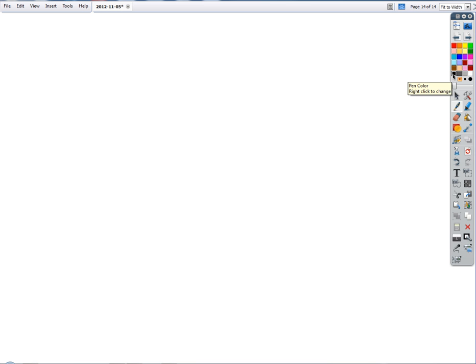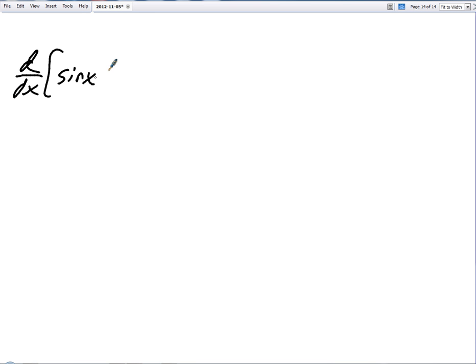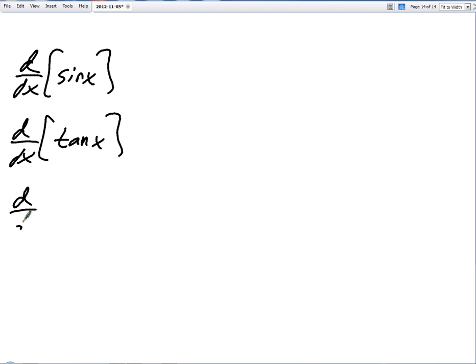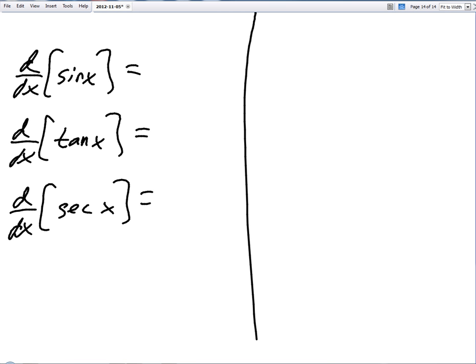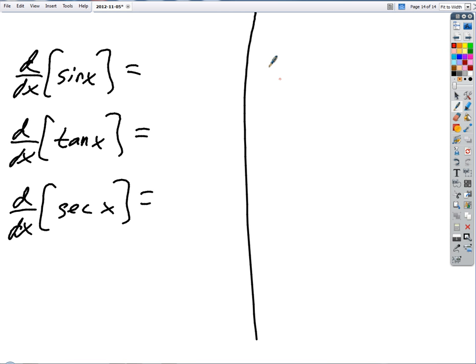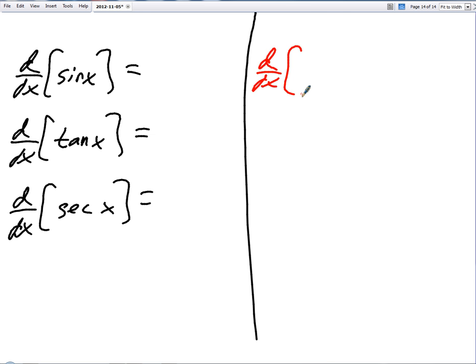So if we line them all up, the derivative with respect to x of sine x, the derivative with respect to x of tangent x, and the derivative with respect to x of secant x, right? Let's compare those on one side to the co-alternatives on the other side.